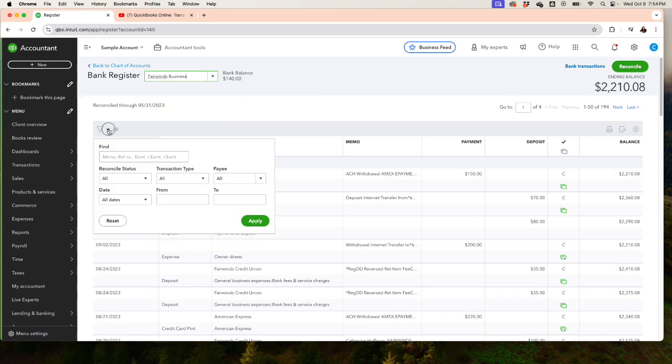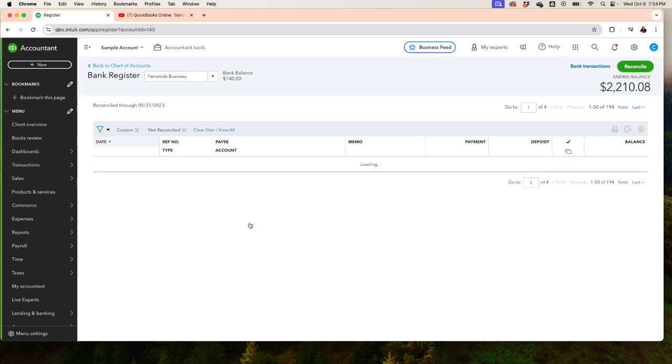You're gonna fix it by clicking on this little funnel. You're gonna put the date, nothing on the from date, but on the to date, you're gonna put the date of the last reconciliation, which was May 31. And on the reconcile status, you're gonna put not reconciled and apply.